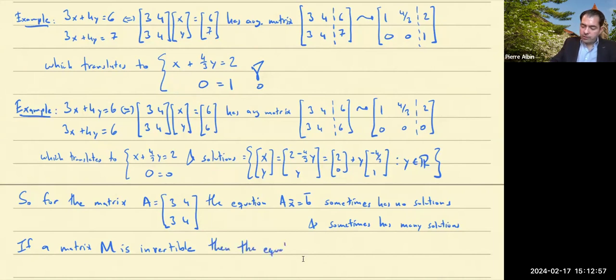Then the equation Mx equals b always has exactly one solution. Namely, if you have Mx equals b and M is invertible, you can just multiply both sides by the inverse and find that x is equal to M inverse times b.